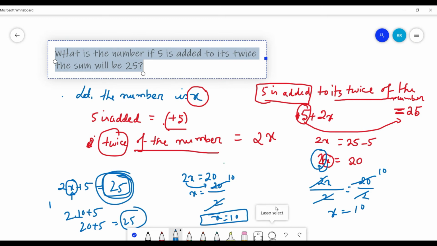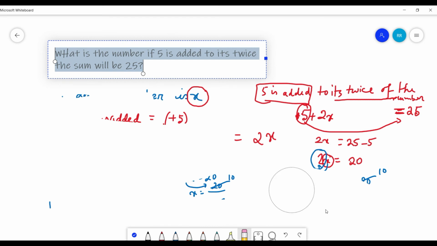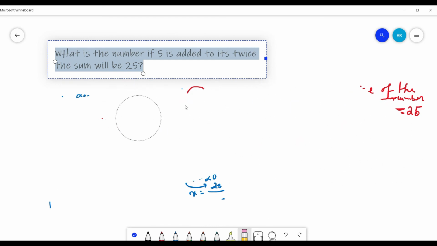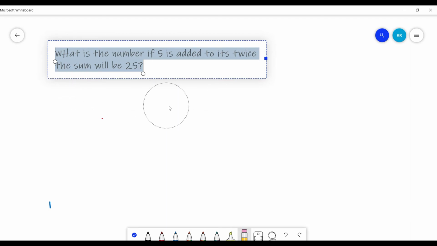So we'll move to our next math. Second math is number 2 from your book.